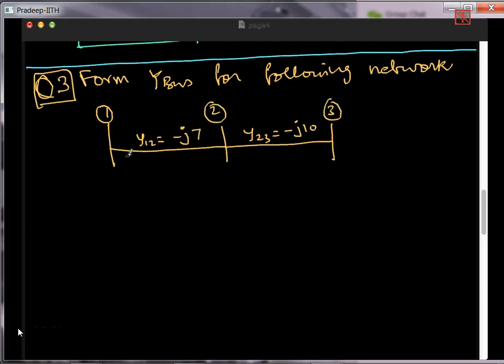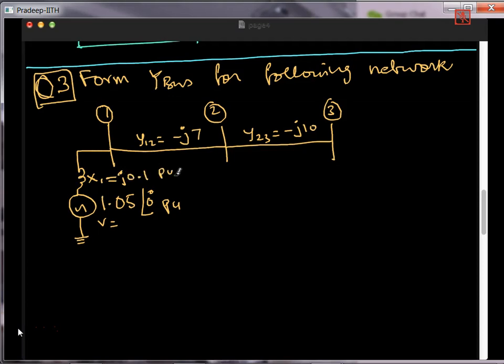But the problem is at bus number 1, a generator is given. So the voltage that is generated is 1.05 at an angle 0 degrees per unit. And the reactance is J0.1 per unit. So for this network, an impedance is also given.